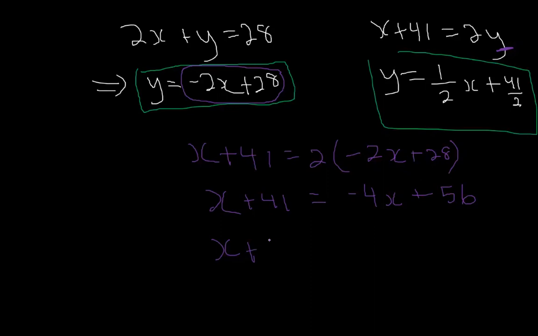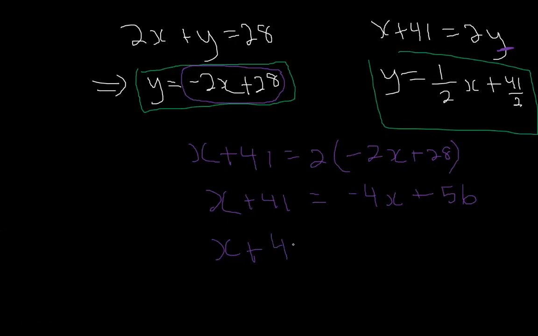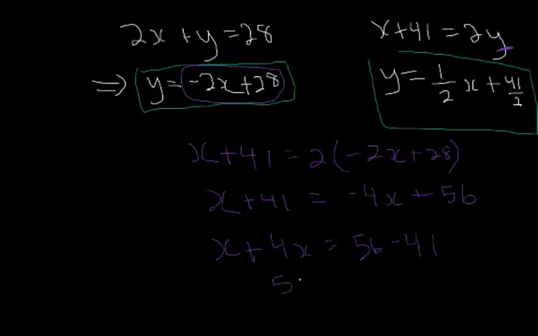You can write it like this. Plus 4x is equal to 56 minus 41. x plus 4x is 5x.